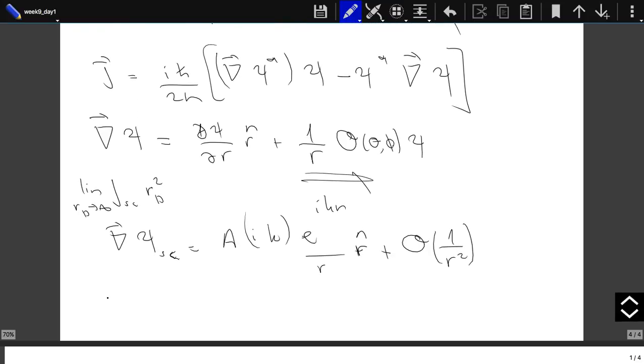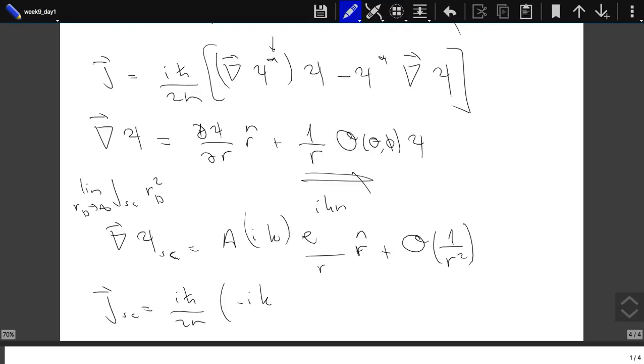So let's say the scattered current is just I h bar over 2m, minus I k, because here we have the complex conjugate.